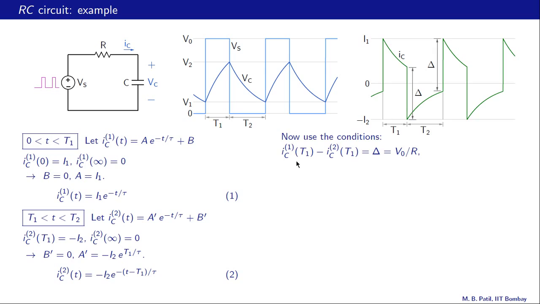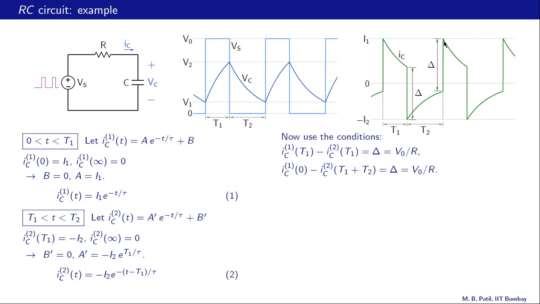IC in phase 1 at T1, that is this value here, minus IC in phase 2 at T1, this value over here, must be equal to V0 divided by R. And by the same logic, this difference must also be V0 by R. Now what is this value?